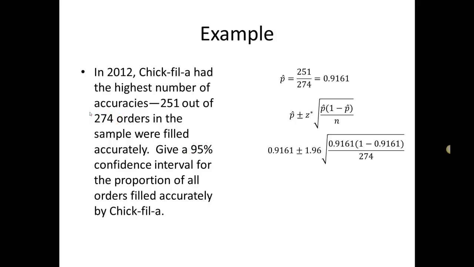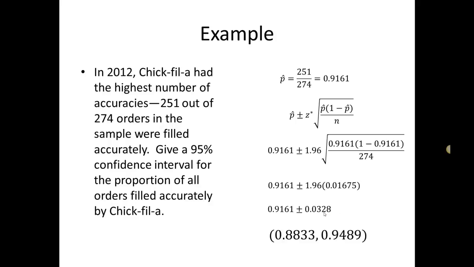Plugging everything in and working it out, we end up with a margin of error of 0.0328. So I'm going to take 0.9161 minus 0.0328 and plus 0.0328 to get the lower and upper bounds of my confidence interval. In this case, I have 0.8833 to 0.9489, or you could think of it as 88.33% to 94.89%.